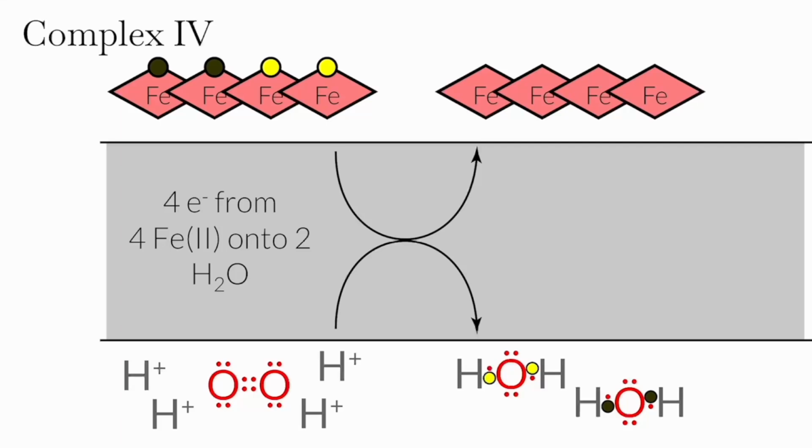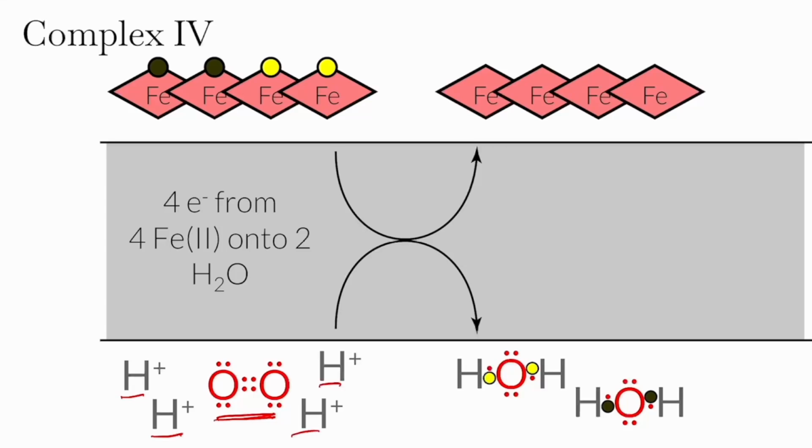Now, it turns out, if you think about the stoichiometry here, you're going to bring in 1 molecular oxygen. And if you think about the redox chemistry, to join this to 4 protons, you're going to actually need 4 new electrons.